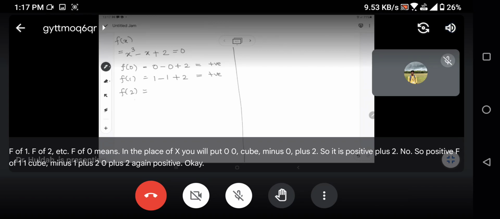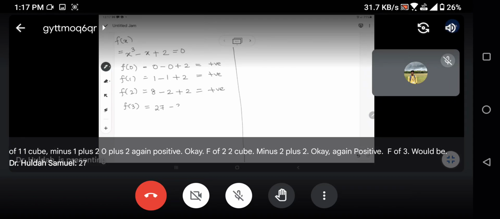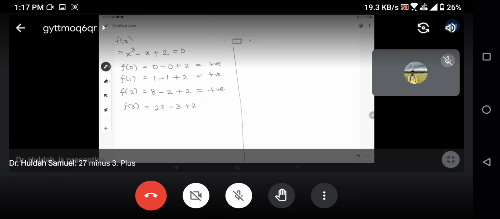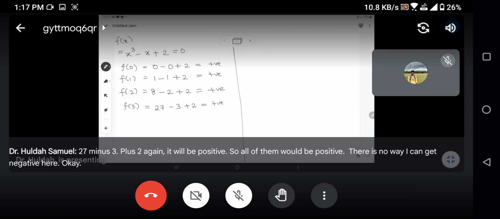F of 2: 2 cube minus 2 plus 2, again positive. F of 3 would be 27 minus 3 plus 2, again positive. So all of them would be positive. There is no way I can get negative here.